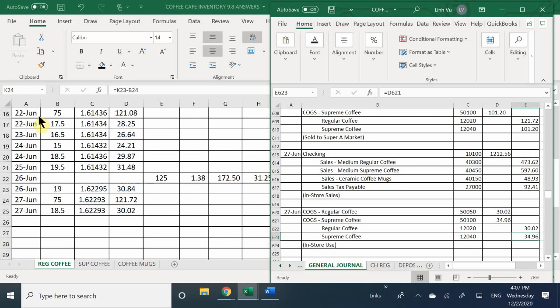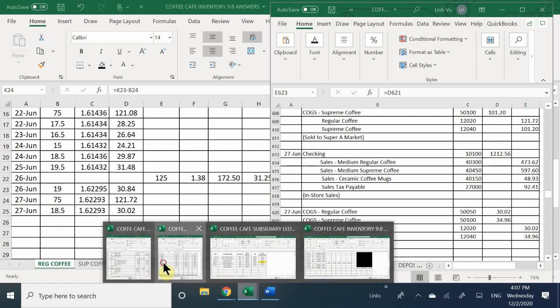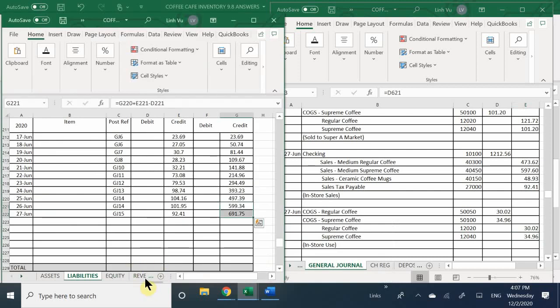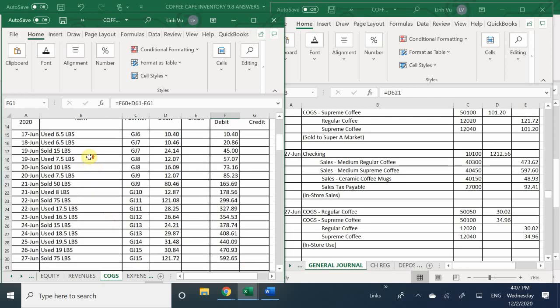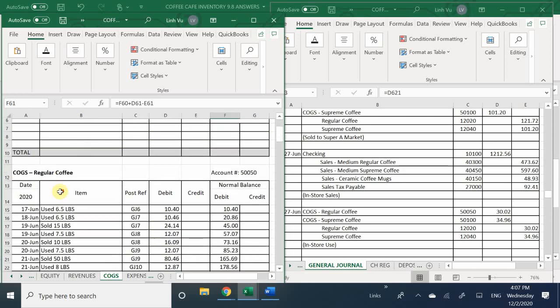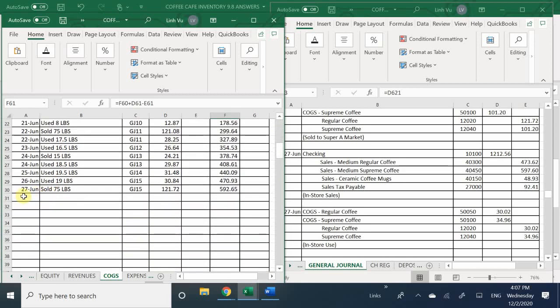Okay, and now last but not least, we have to go to the ledger and put in our cups used. Yes. So cost of goods sold. Regular coffee. 627. This one was 18.5 pounds.